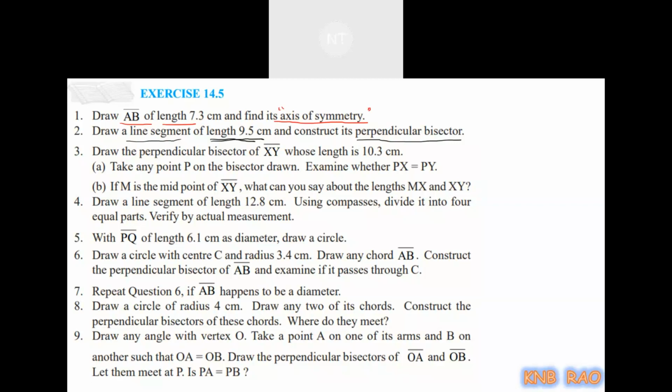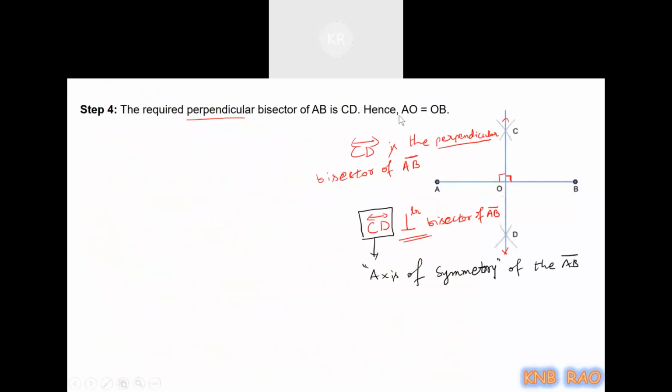See, you are actually drawing a line segment AB. The length of the line segment is given as 7.3 centimeter. They gave you: draw a line segment AB of length 7.3 centimeter.